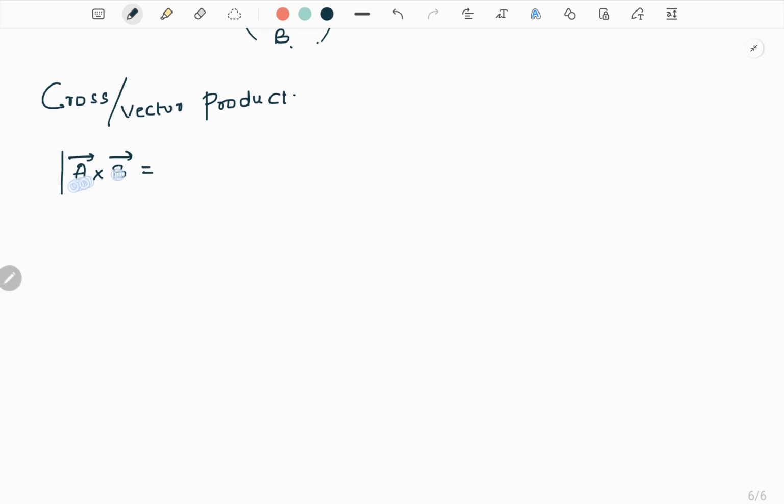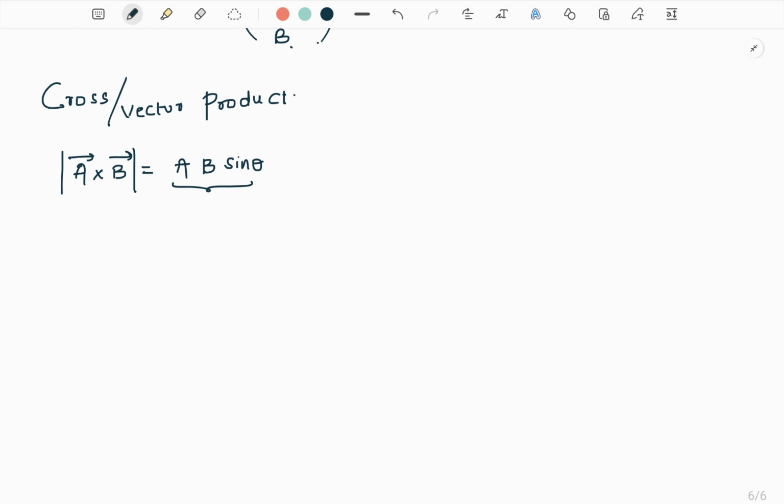Okay, so what would be the magnitude of cross product of two vectors? It would be product of magnitudes of those two individual vectors and sine of angle between them. Okay, so this is what the magnitude of the cross product of two vectors is going to be. Then what about the direction of that particular cross product?